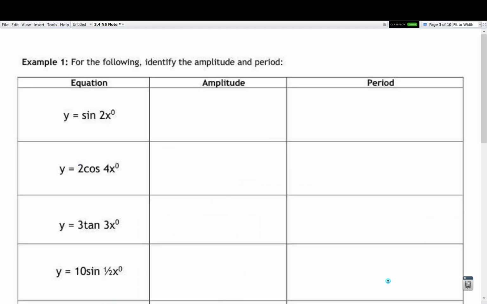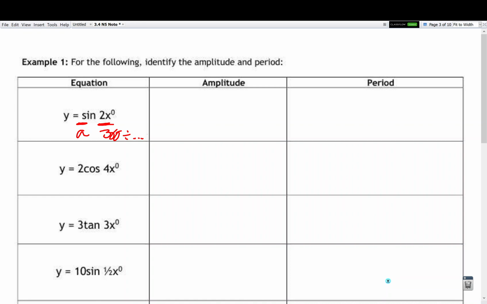What we need to be able to do now is identify the amplitude and the period. This time, not from the graph but just from the equation, it's really simple. The amplitude is just whatever the number is in front of the trig function. The period is just 360 divided by that number.